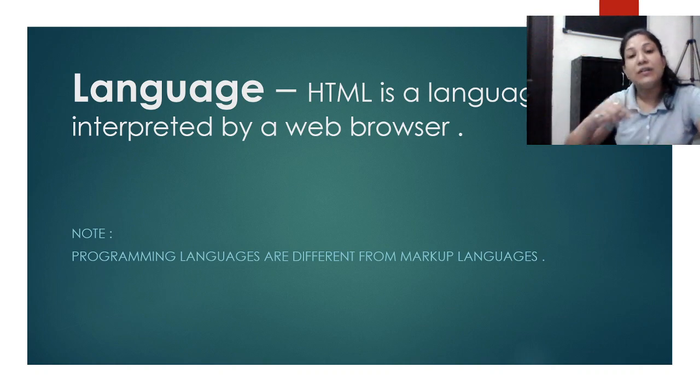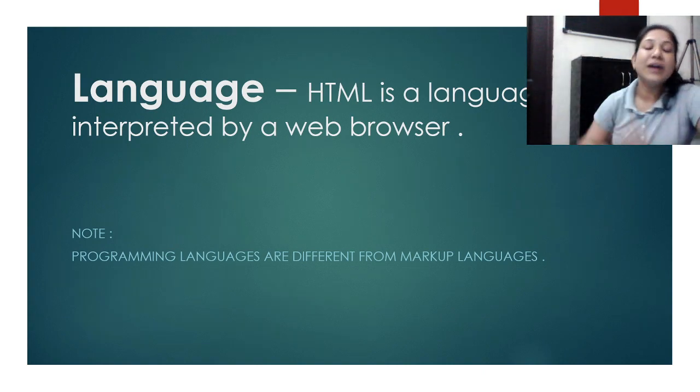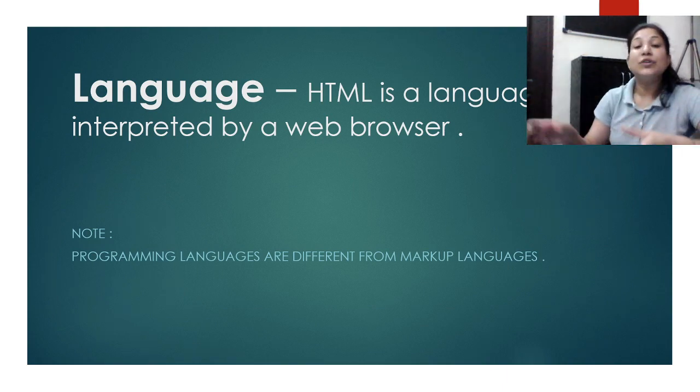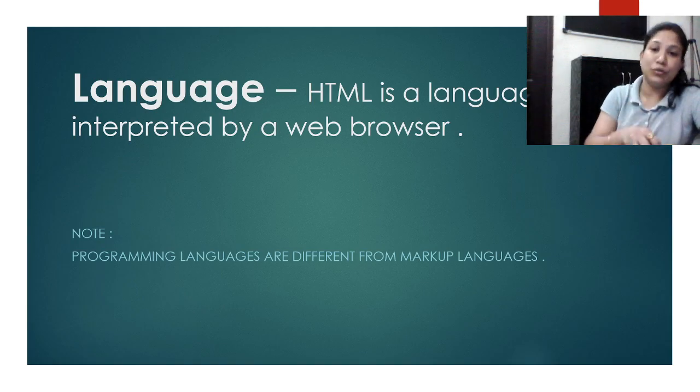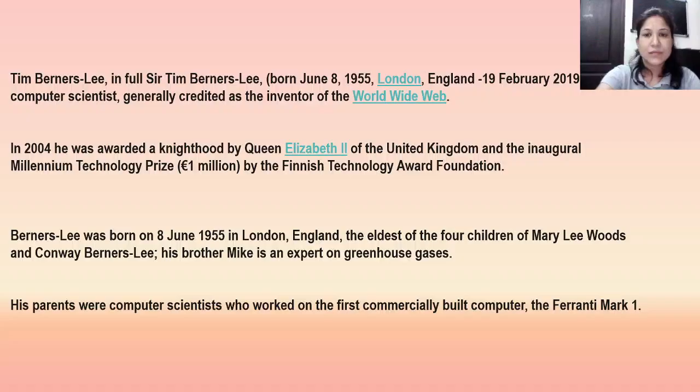So when it is located on the web browser, you will see that "hi, hello, how are you?" is underlined. Have you understood? So it is a medium to communicate with the protocol.